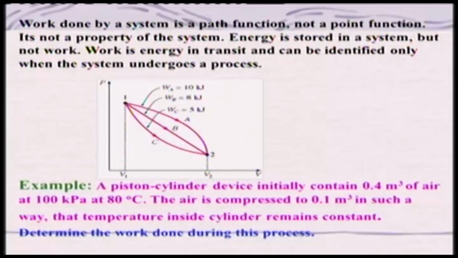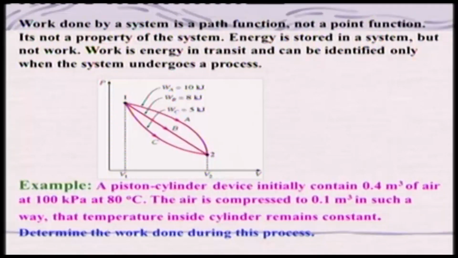Let us take an example. A piston cylinder device initially contains 0.4 meter cube of air at 100 kPa at 80 degrees Celsius. That means volume is given to you, pressure is given to you, and also the temperature. Air is compressed to 0.1 meter cube in such a way that the temperature inside the cylinder remains constant.